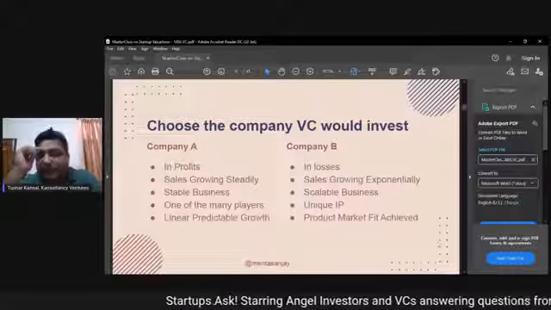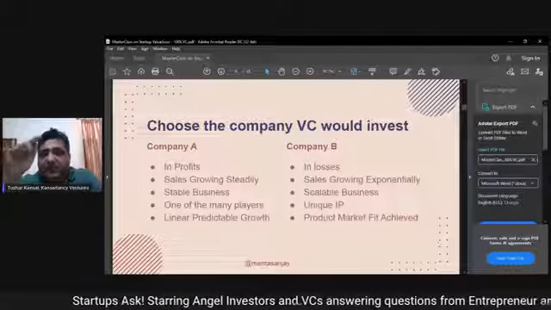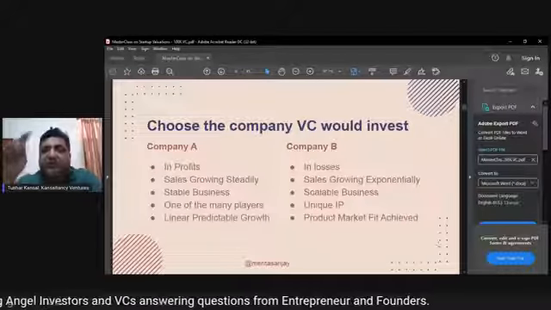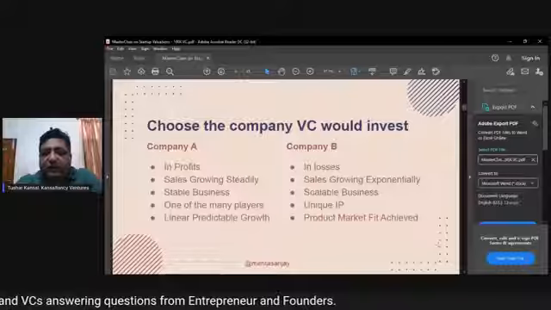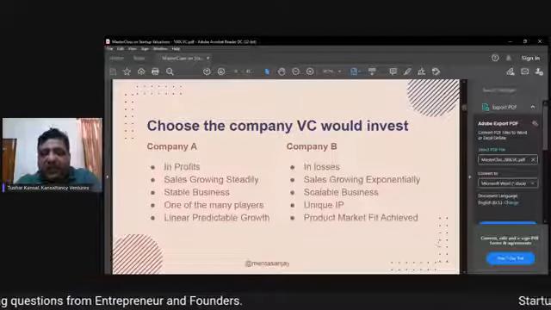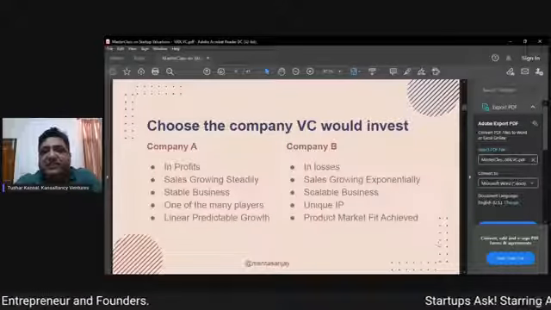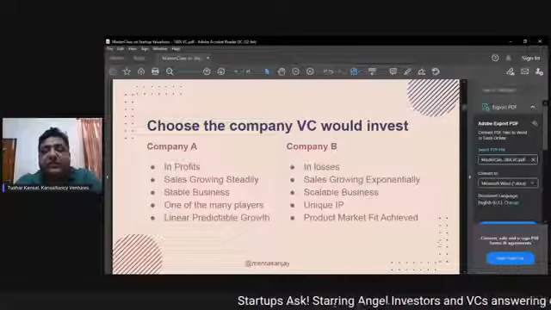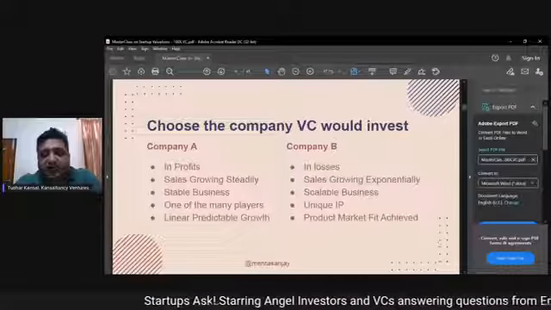If you are a VC and you were asked which one you would invest in, any VC would say he will invest in the company which is growing fast, even if it is loss making.